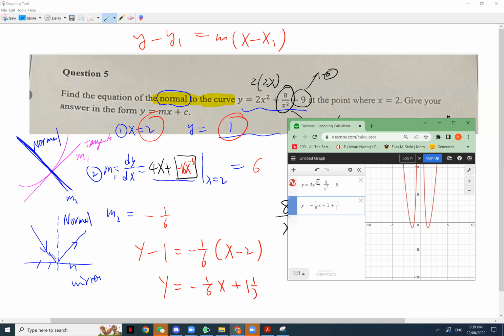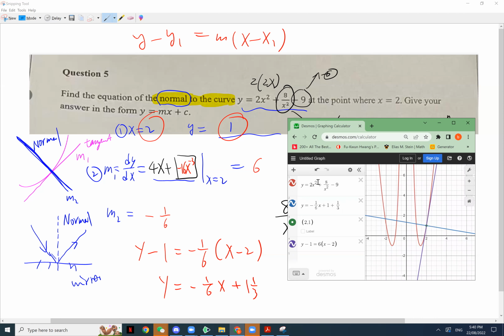The point is just 2, 1. Yes. If we do y minus 1 equals 6 times x minus 2, check. You have the tangent and the normal. Tangent is a line that touches the curve. Normal is the line perpendicular to the tangent. Okay.